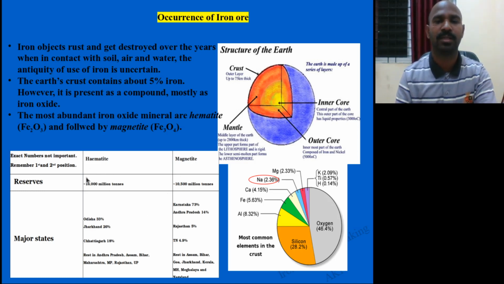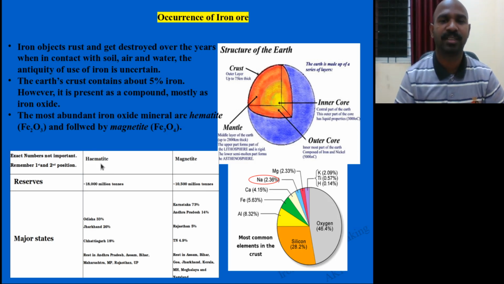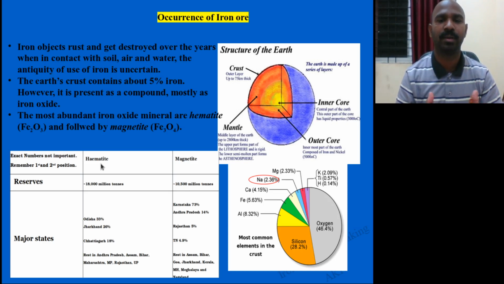It means the availability of iron oxide in the form of hematite is more, whereas magnetite is less. Notice this particular point.